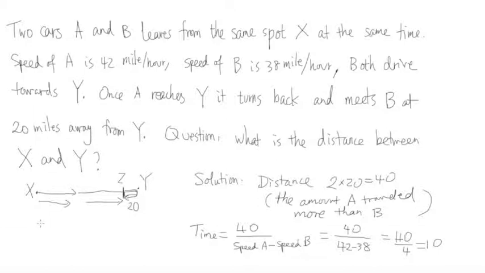Now once you know the time, again we can do distance equals speed multiplied by time. So in this case, we know how many miles A traveled because A's speed is 42. So 10 times 42, 420, is the distance A traveled.